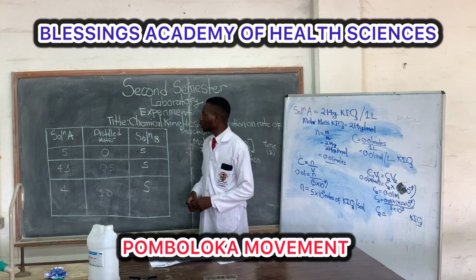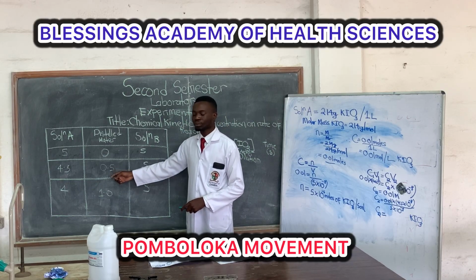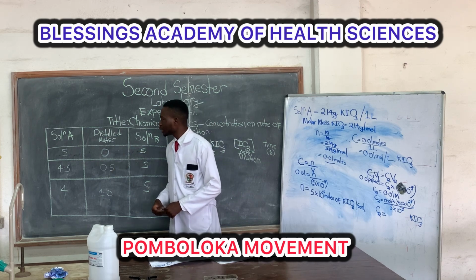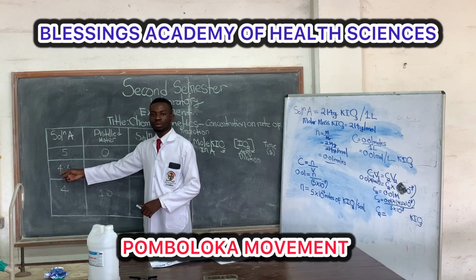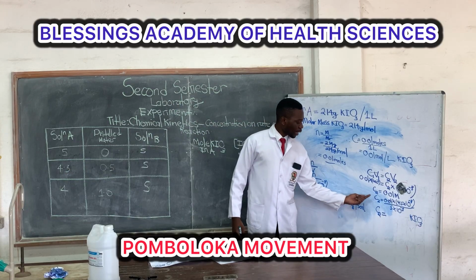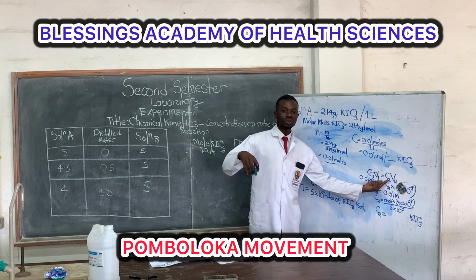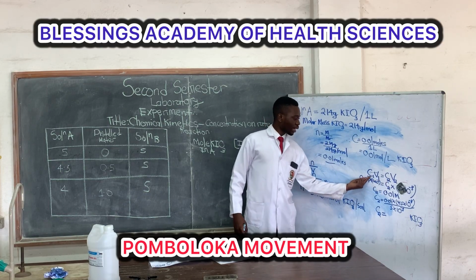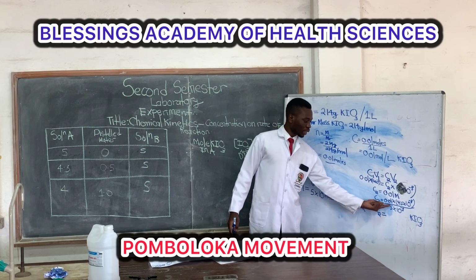Then the second part of it, you need to understand that we've diluted. And how many mils of the distilled water have we added? We've added 0.5 mils. Against what mils of solution A? We're having 4.5. Meaning when you come back here to find out C2, the concentration after dilution, the concentration of C1 still remains at 0.01.